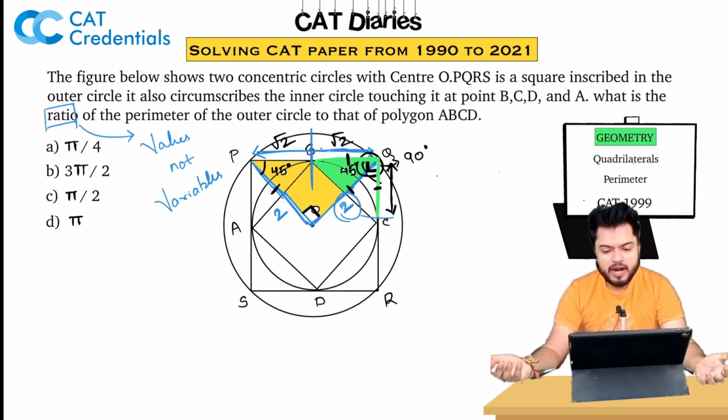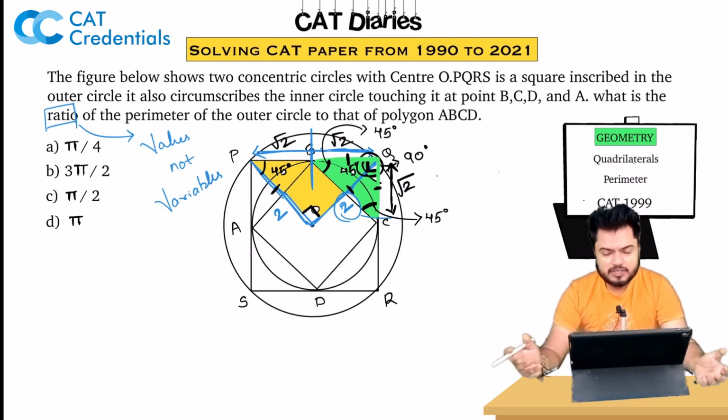How do I understand this? Because the two sides are equal. Both are equal to root 2. They are tangents drawn from an external point, so they have to be equal. This gives me that it's a 45-45-90 triangle. Now I know the ratio of the sides, so I can find out BC. That is what made me think and come to this.